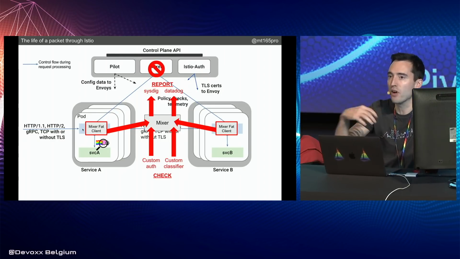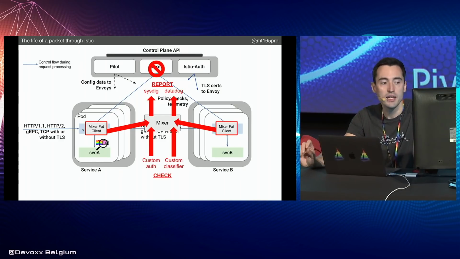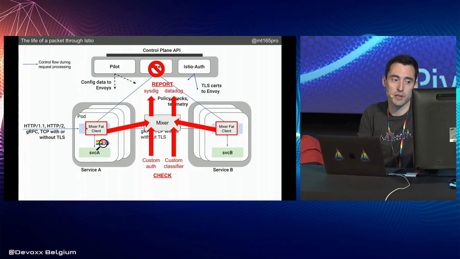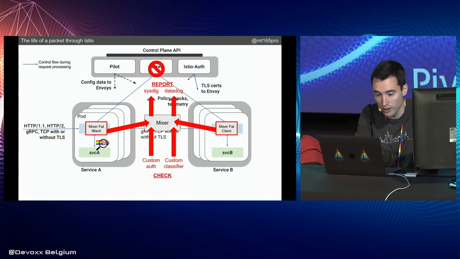So all of that environmental ambient information, especially if you're on Kubernetes, Envoy knows how to go and get that, and it'll send all that up to Mixer as well. So that's how regional and zonal aware load balancing decisions can be made, because Envoy sucks all of that information from its environment as well.